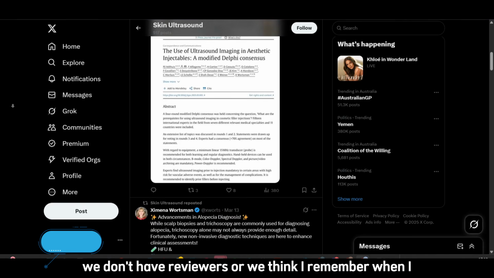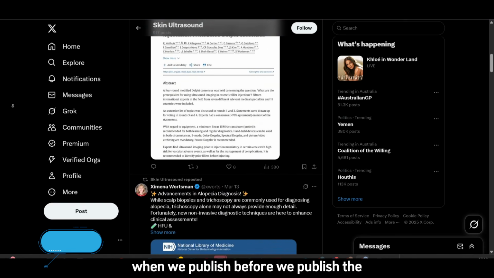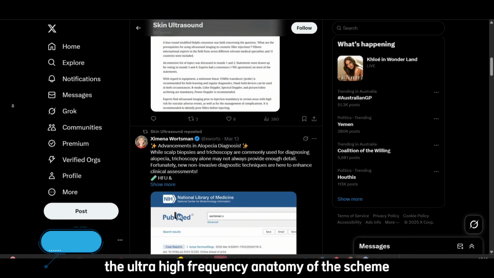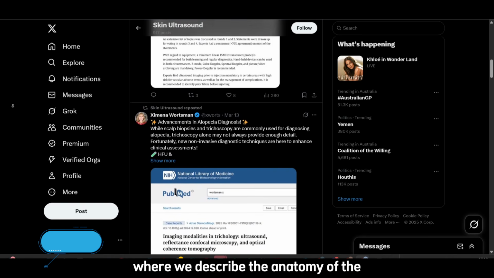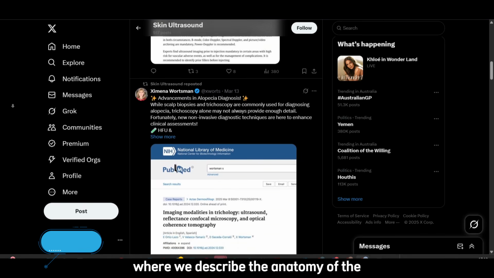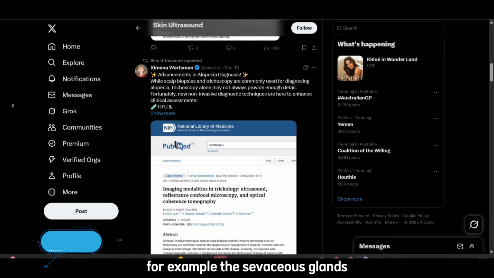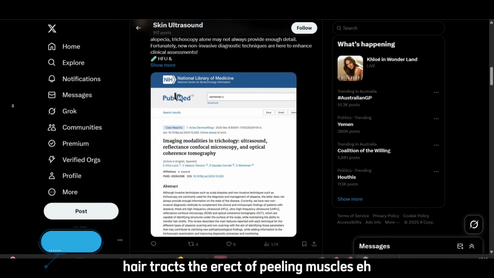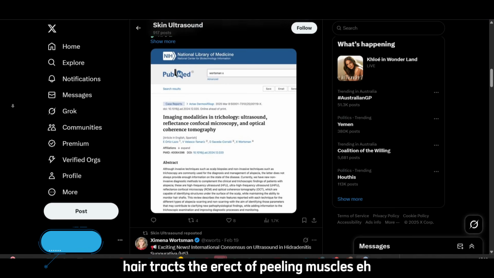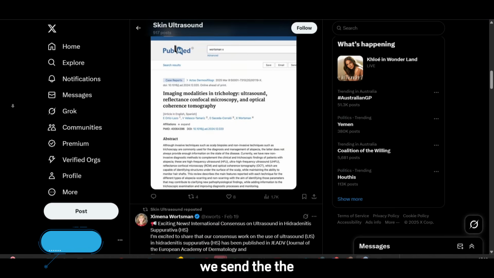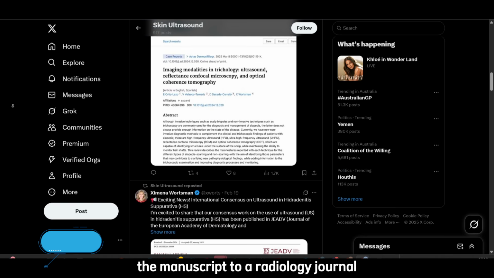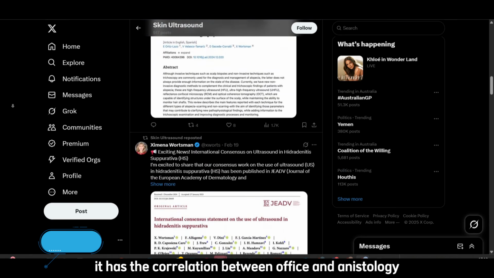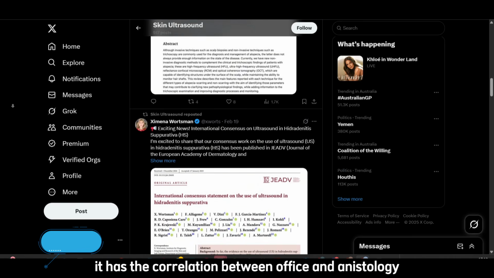I remember before we published the ultra high frequency anatomy of the skin, where we describe the anatomy of, for example, the sebaceous glands, the hair tracts, the erector pili muscles, we sent the manuscript to a radiology journal, and this article was very important because it has the correlation between ultrasound and histology.